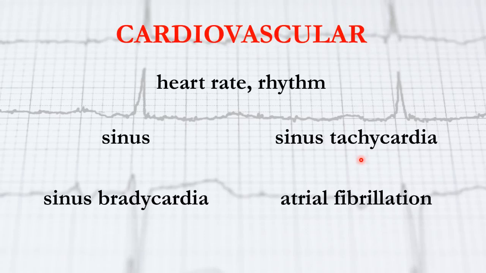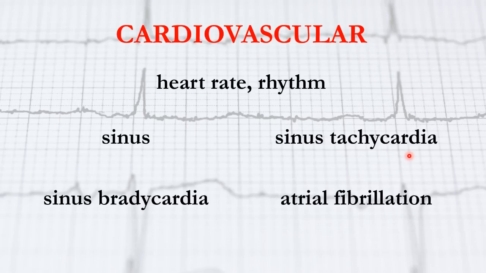Okay, so that's your cardiovascular assessment in terms of the heart rate and the rhythm. So normally, the rhythm is what? Regular. If it's irregular, it could be atrial fibrillation. If the rhythm changes, maybe it's due to electrolyte imbalance.